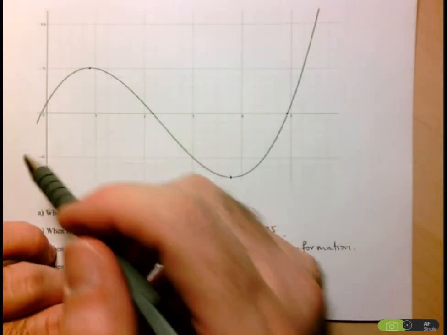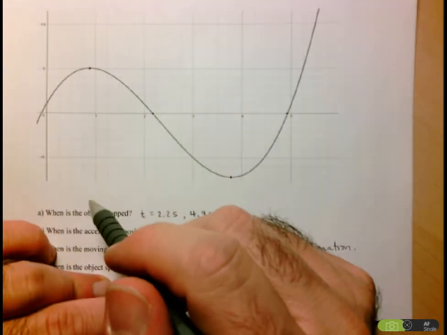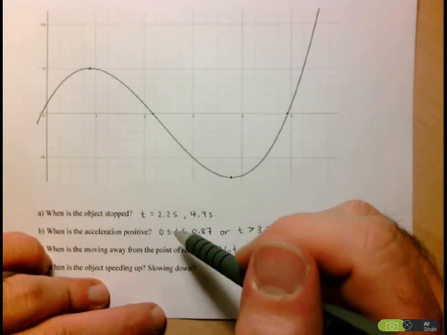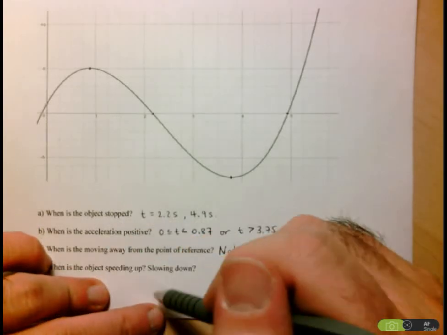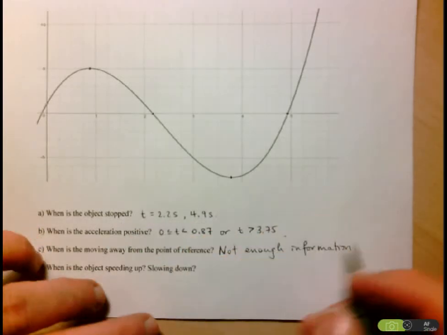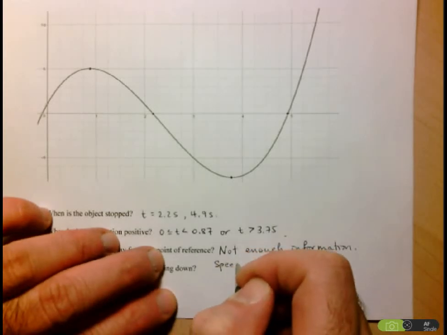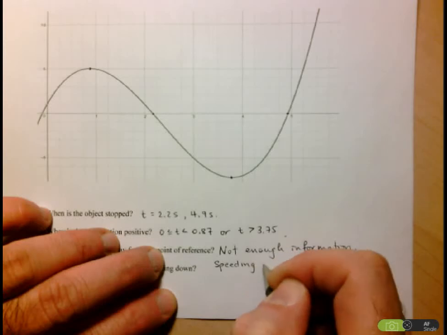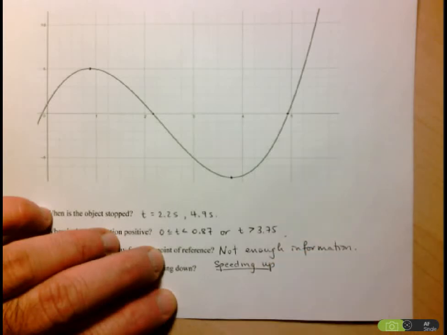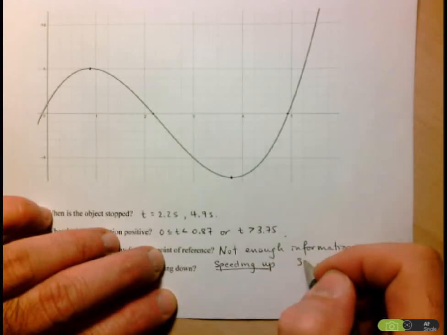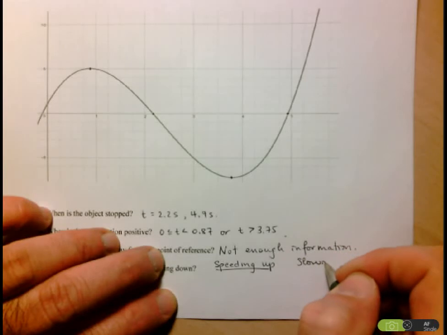So we need to find where the absolute value of the velocity is increasing, meaning we're speeding up, or decreasing, meaning we're slowing down. So I'm going to create two columns here.